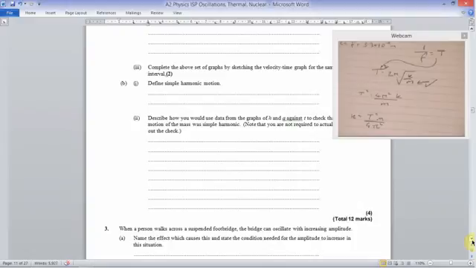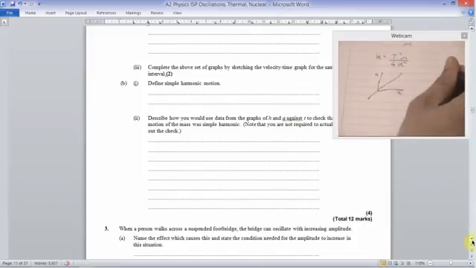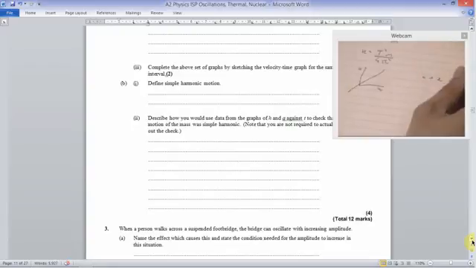If you had an acceleration-displacement graph, it should be a straight line. Or if you did acceleration minus displacement for any of the points, that should always equal a constant. That's how you check it.